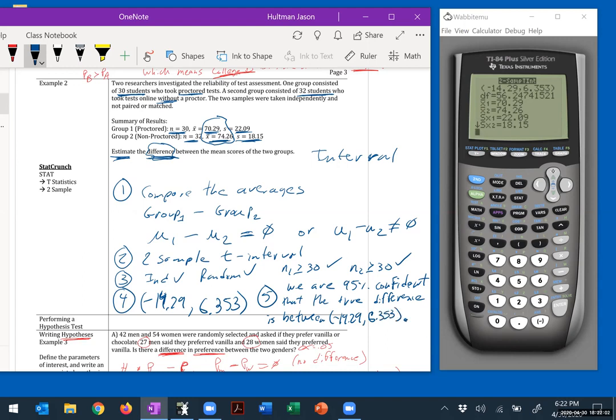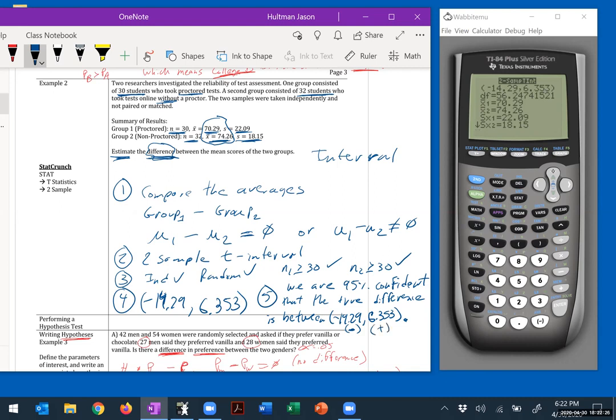Now, what does that mean? I really wanted to know, are the groups different or are they not different? Well, does my confidence interval contain 0? It goes from a negative number to a positive number.